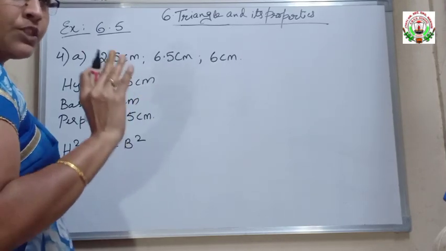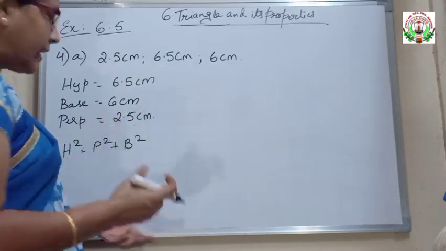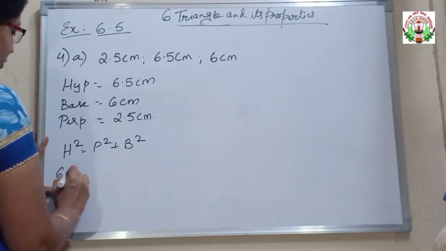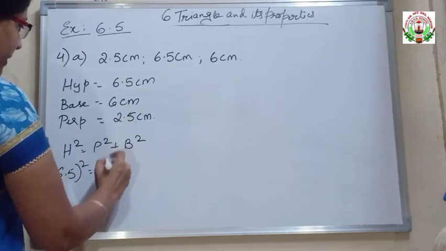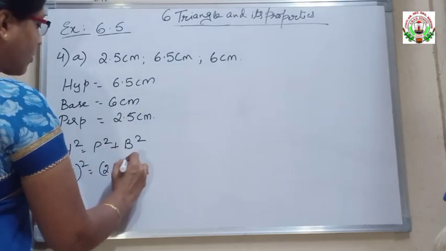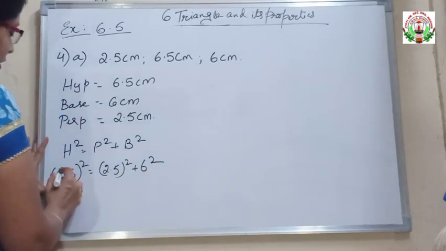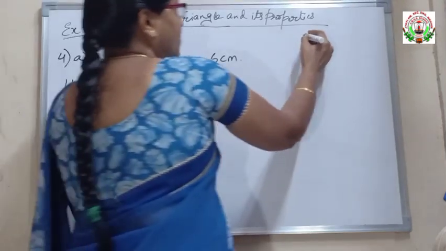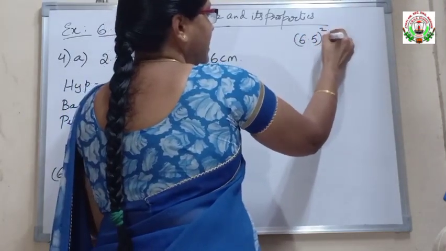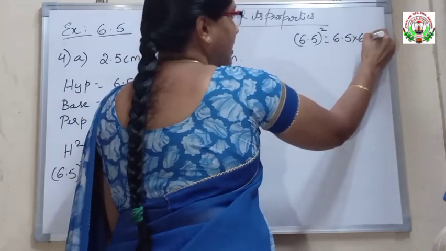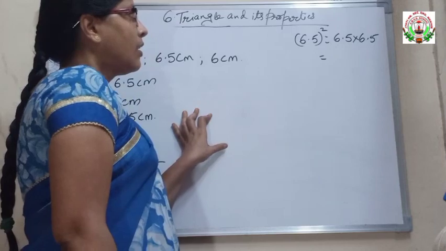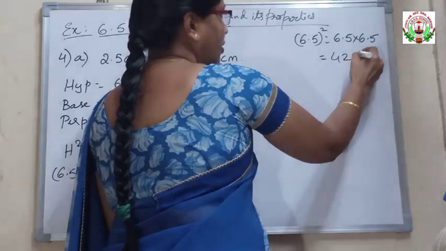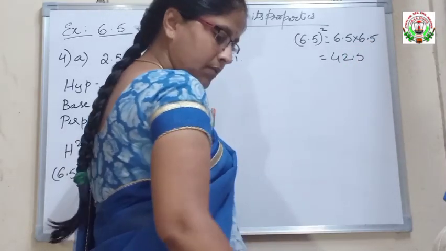You have to show that the left hand side is equal to the right hand side. Hypotenuse is given as 6.5. So 6.5 square is equal to perpendicular 2.5 square plus 6 square. Let us solve this first. 6.5 square is 6.5 into 6.5, which will be 42.25.